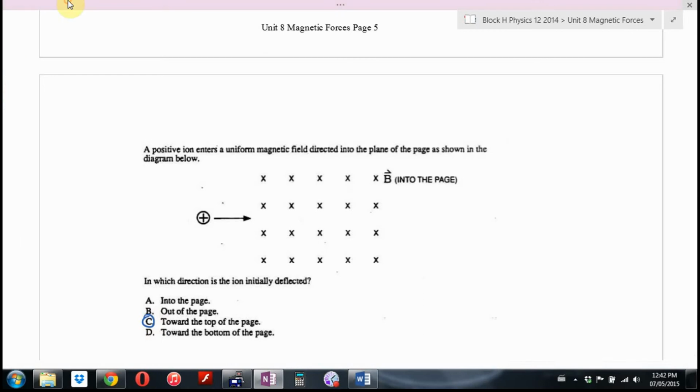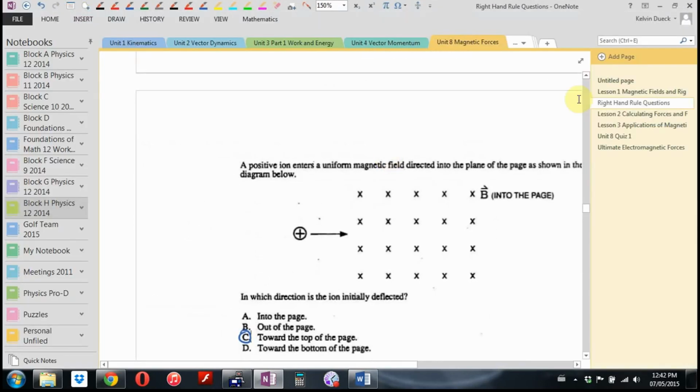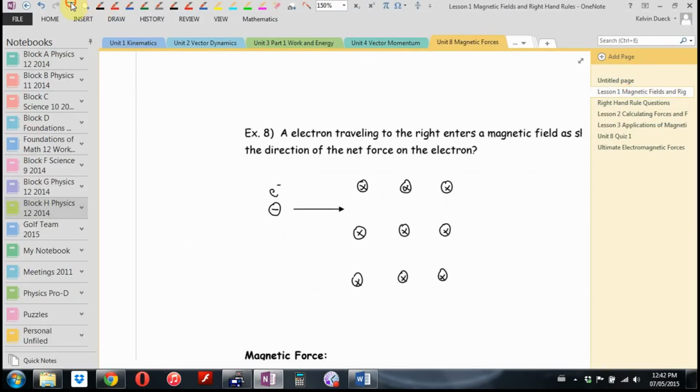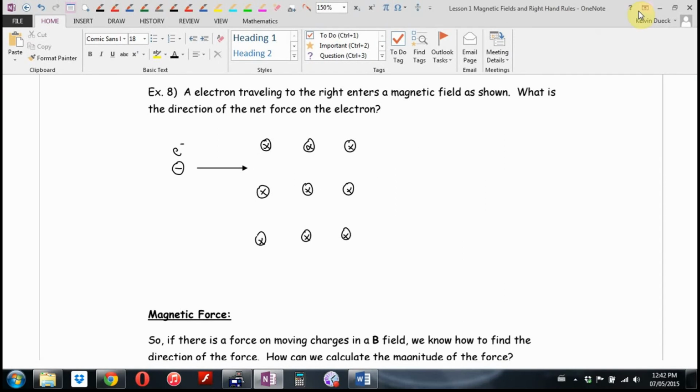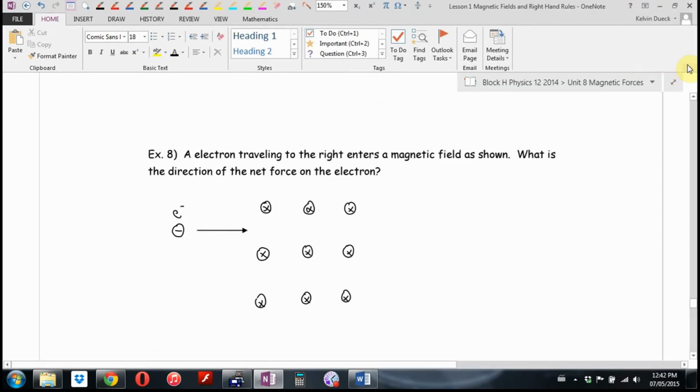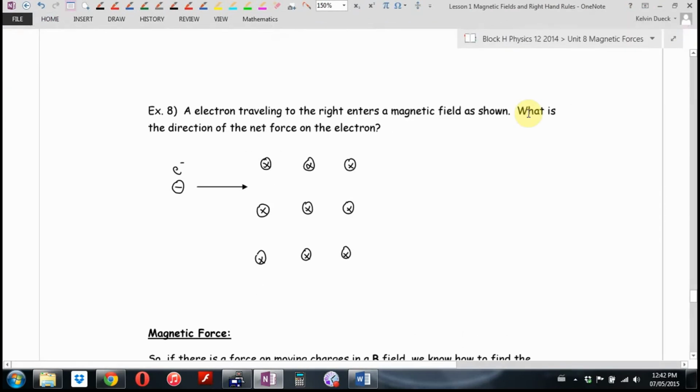Go back to our notes for a second. Protons are great, and we can move protons around, but the easiest particle to move are electrons. You're going to be asked a lot of electron deflection questions. Well, example 8. An electron traveling to the right. Can you underline electron traveling to the right for me, please?